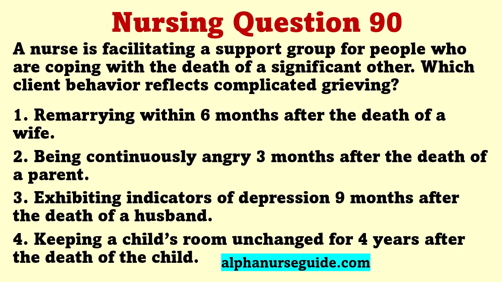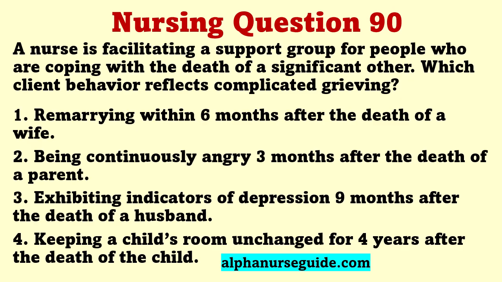A nurse is facilitating a support group for people who are coping with the death of a significant other. Which client behavior reflects complicated grieving? 1. Remarrying within 6 months after the death of a wife. 2. Being continuously angry 3 months after the death of a parent. 3. Exhibiting indicators of depression 9 months after the death of a husband. 4. Keeping a child's room unchanged for 4 years after the death of the child.